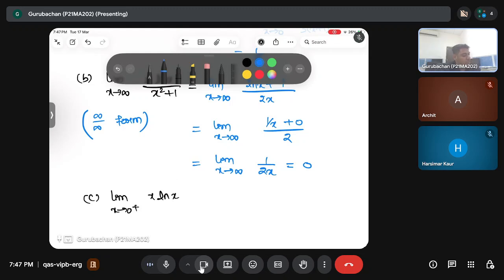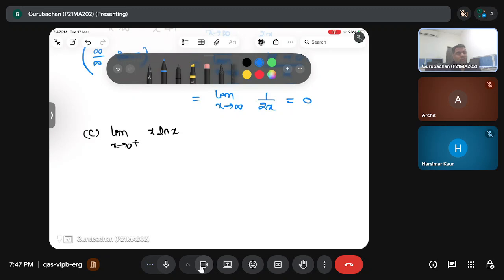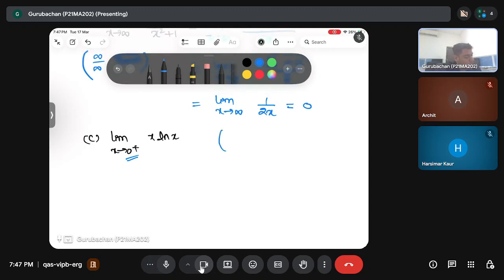Which kind of form is this? First of all, why are we considering this zero positive? Tell me. Because log is defined only for positive real numbers. Good one. So what kind of form is this? 0 into infinite form. So obviously you cannot apply L'Hopital rule here directly. So what will you do?